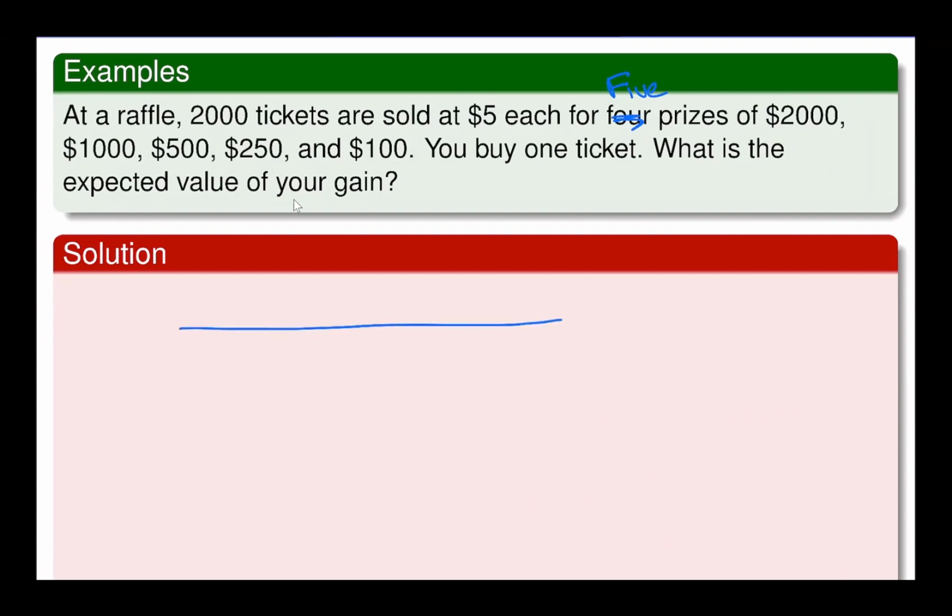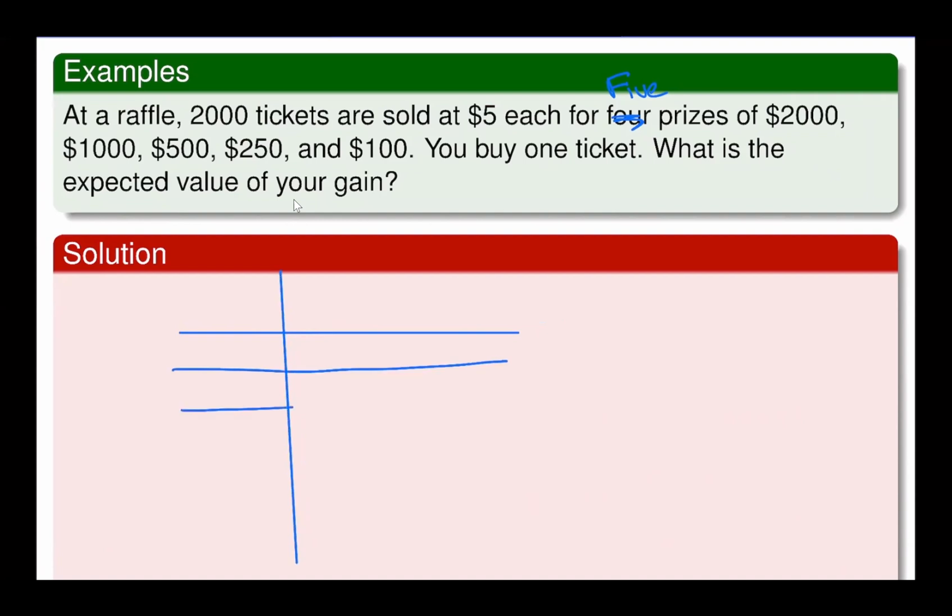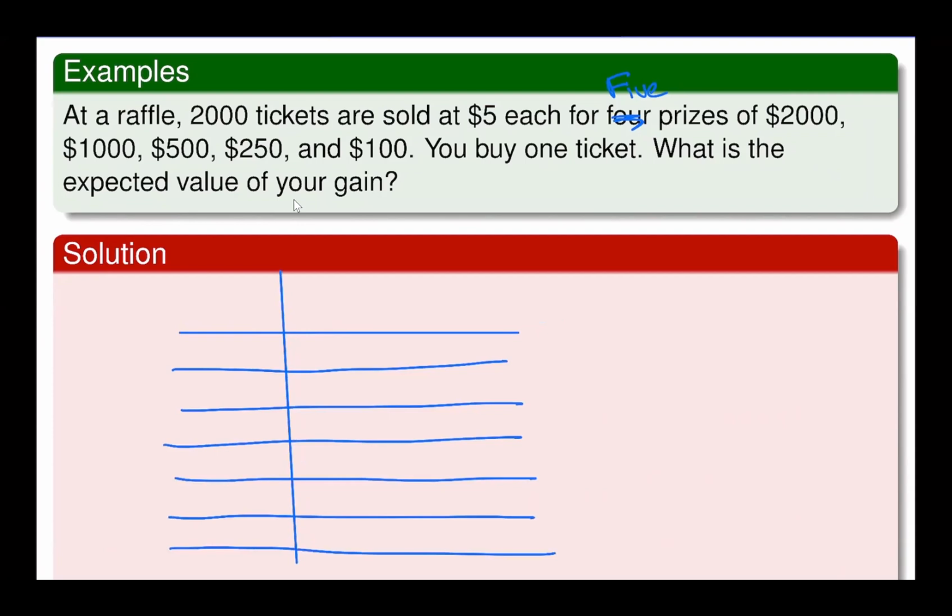All right, so once again, we're going to do this table. So 1, 2, 3, 4, 5, 6. All right, so let's go ahead and do this. For X, you get to put how much money you could win.